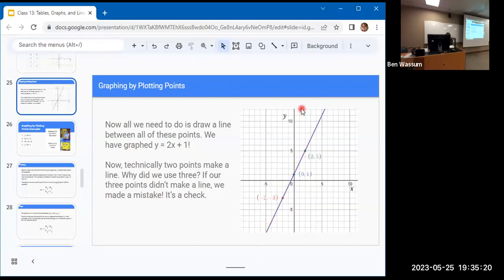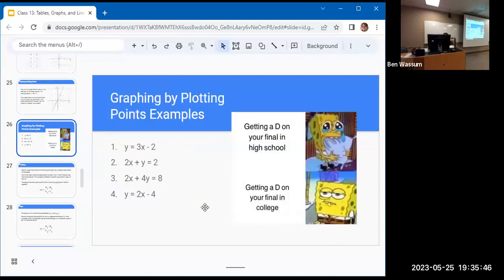This will cover every single answer to the equation y equals 2x plus 1. Okay. That's pretty much it for that concept. I do have a couple of examples for it.